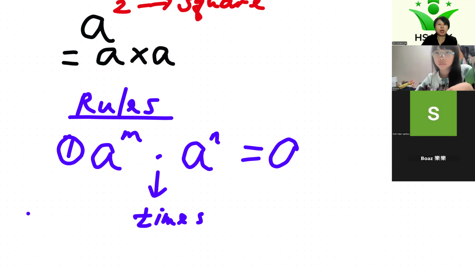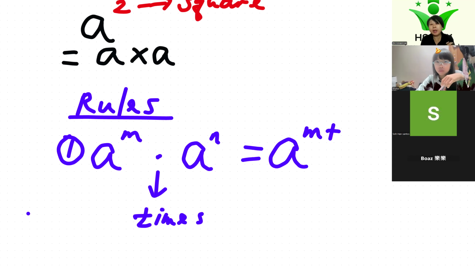This is the rule you have to remember. Rules must be remembered, all right? Write down the rules.